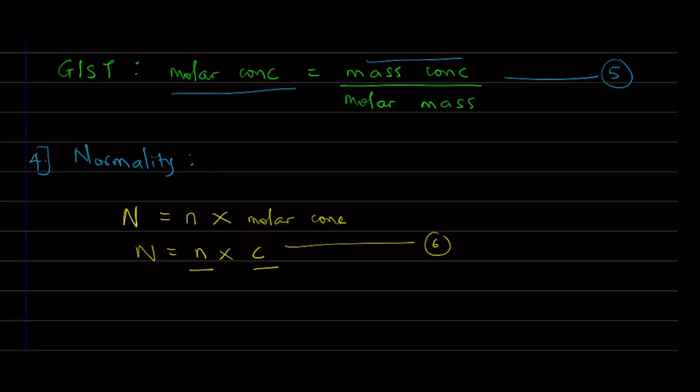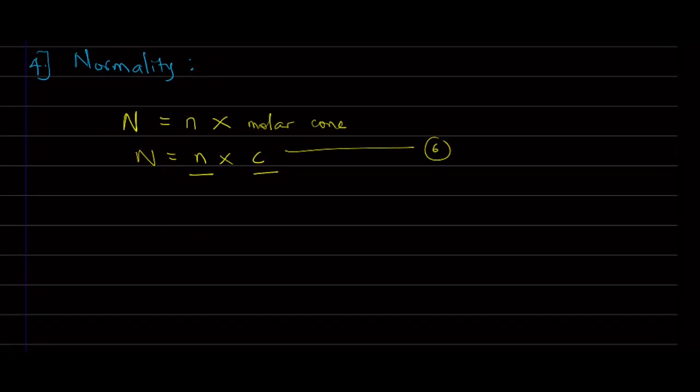Take for example, let's say we have 0.02 molar H2SO4. We have said that molar, which is capital letter M, can also be expressed as mole per Dm³.